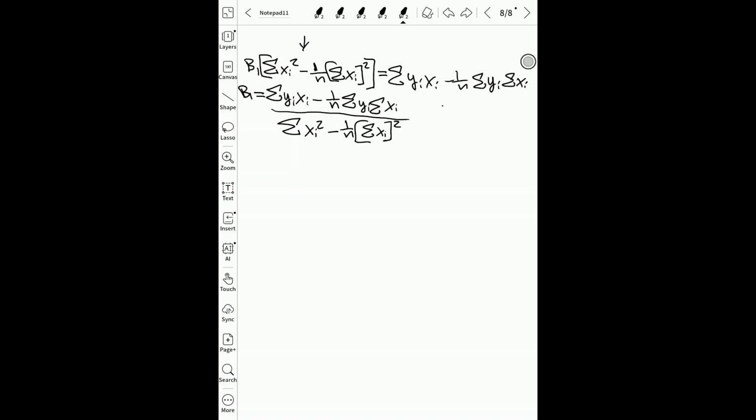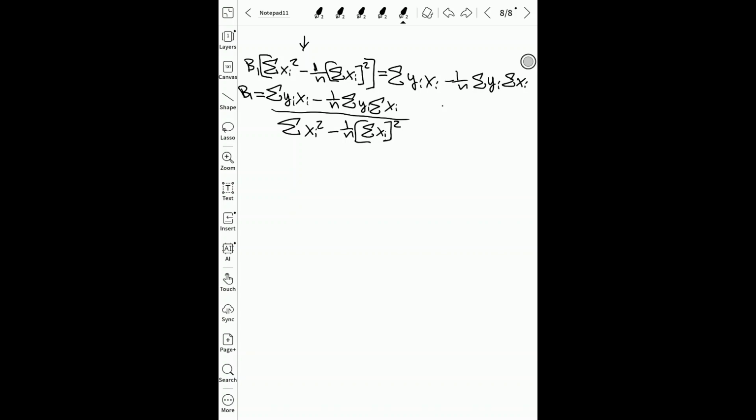So this form of the equation is fine. There's nothing wrong with it. We could stop here. This gives us a solvable form of beta 1, and then we could plug it into the equation for beta naught, and we'd be good.